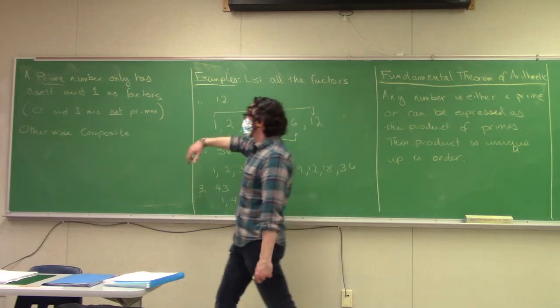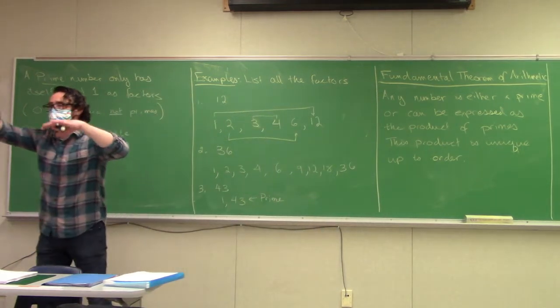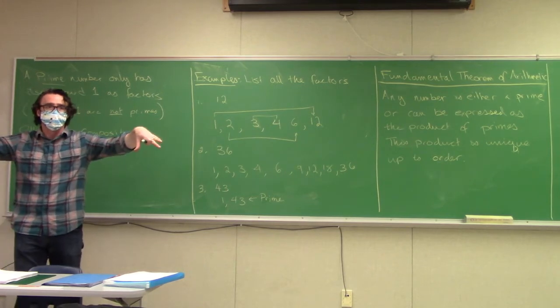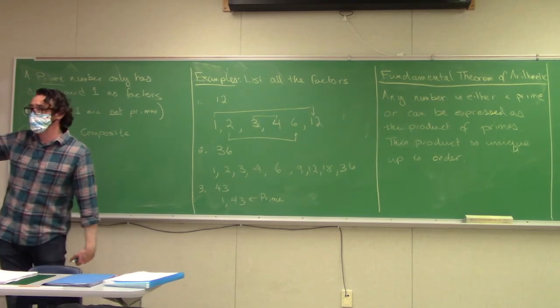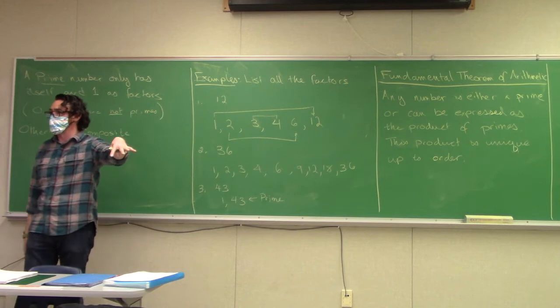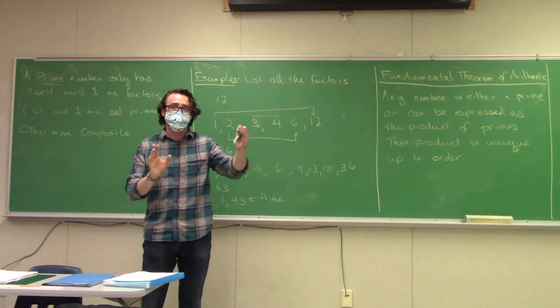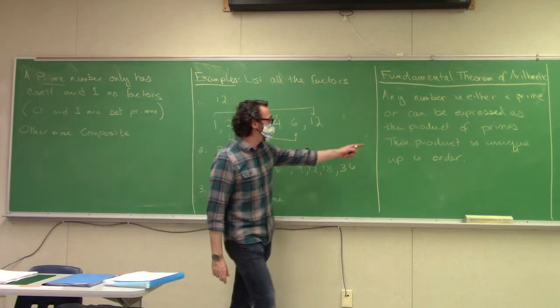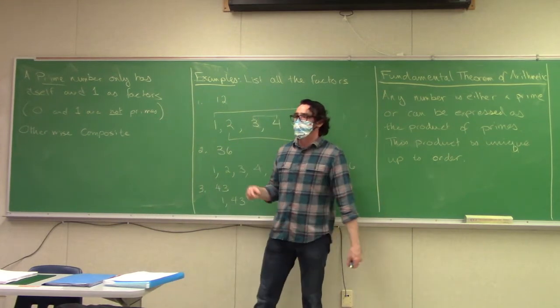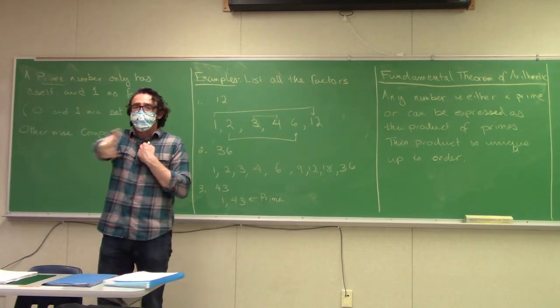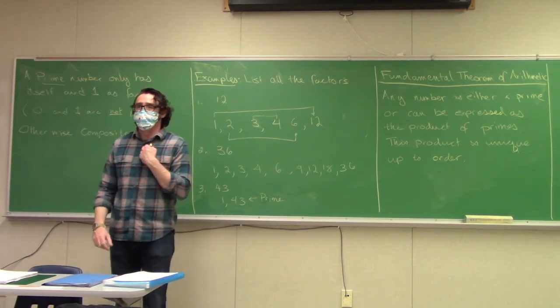So basically we're saying that the classes of numbers that we discussed at the top exhaust all the numbers. You either fit into the class of primes or you fit into the class of composites. The class of composites can be expressed as a product of primes. Now this bit here, unique up to order. That means, let's say I do a factoring and Madison does a factoring.